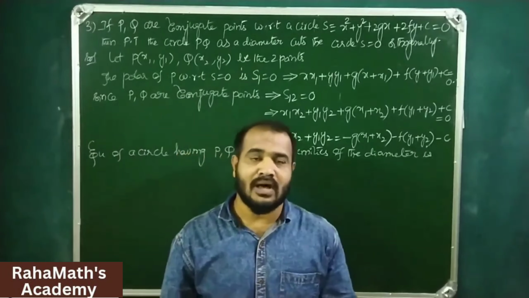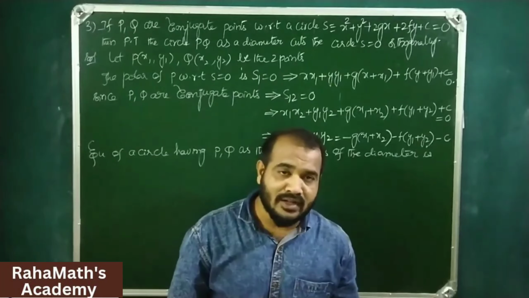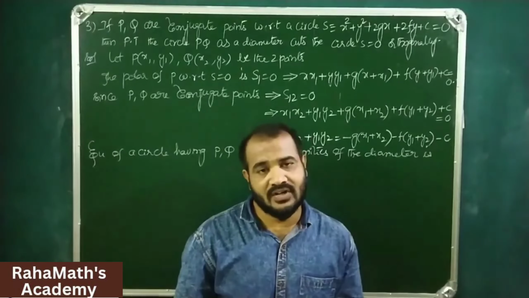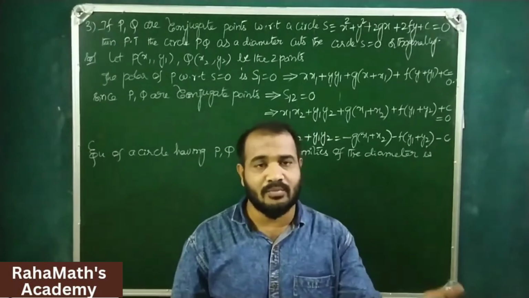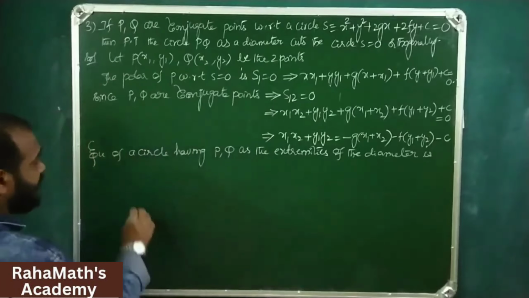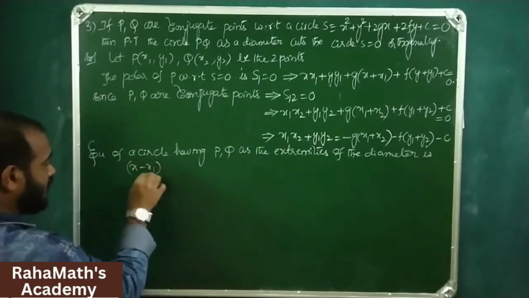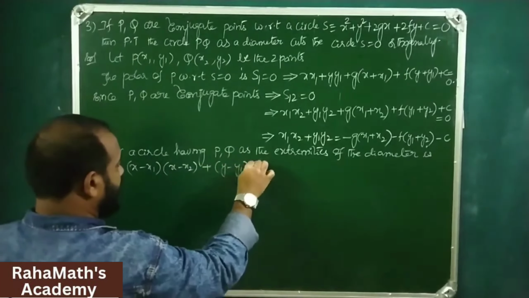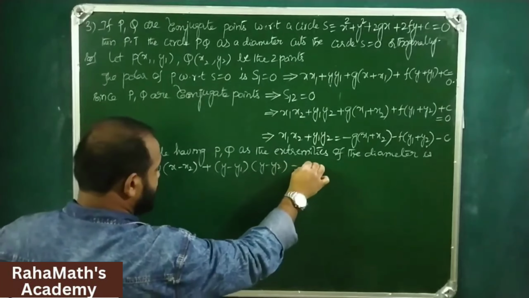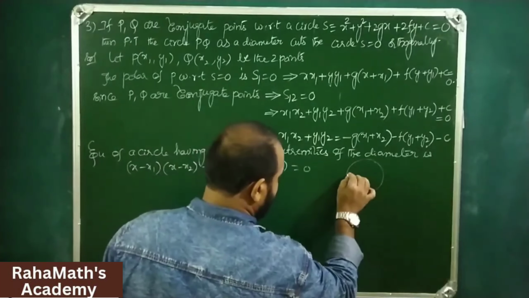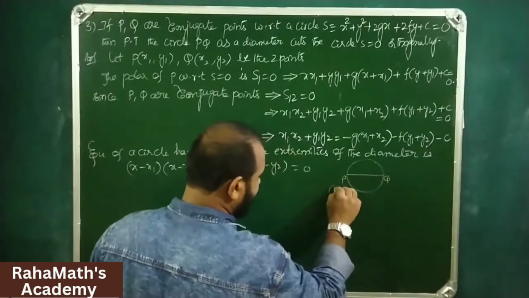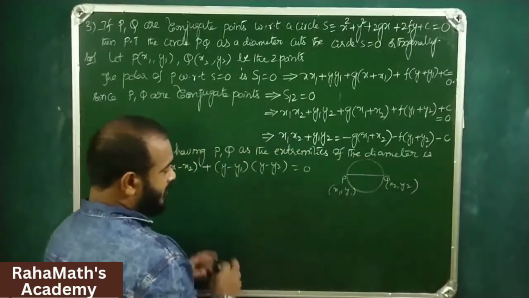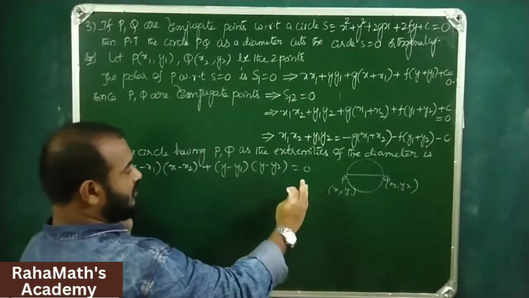Various forms: parametric equation of the circle, diametric equation of the circle, standard equation, general equation, central form, everything we have discussed before. That is (x minus x1)(x minus x2) plus (y minus y1)(y minus y2) equals 0. That means the circle has P, Q as the ends of the diameter, with x1 y1 and x2 y2 as the extremities. The equation of that circle is this.